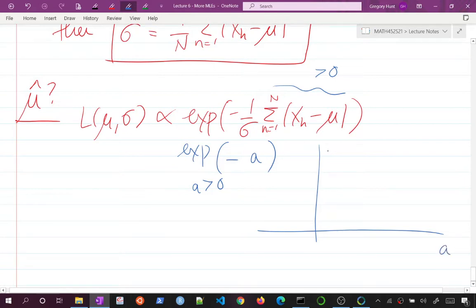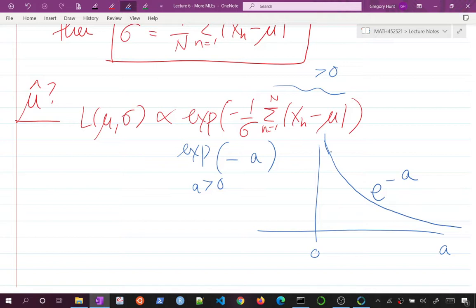And so what would it look like? The exponential function looks like this. This is basically e to the negative a. It's bounded below at 0, and it goes like that.